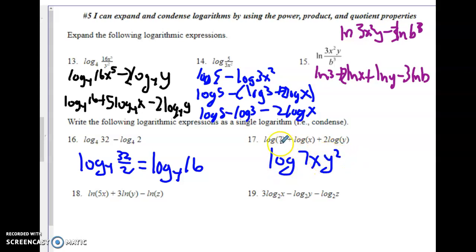And this, broken apart, would look like this. This one, I have a plus and then a minus, so that tells me the 5x and the y are going to be multiplied together, and then that whole thing is going to be divided by the z. So I have natural log of 5x times y divided by z.